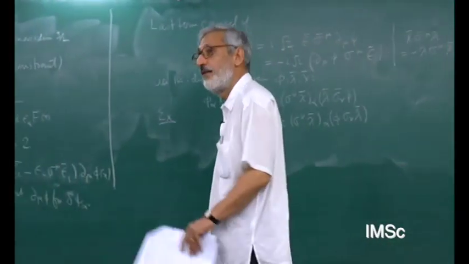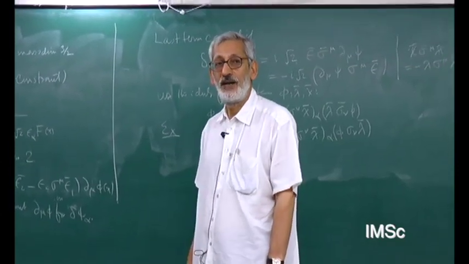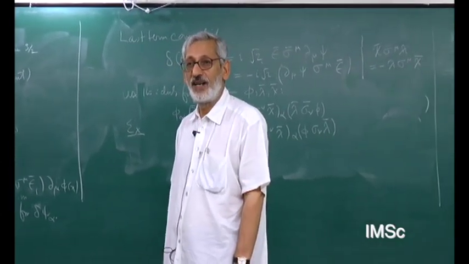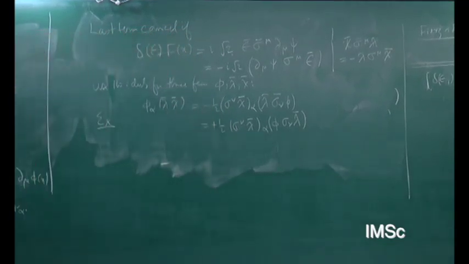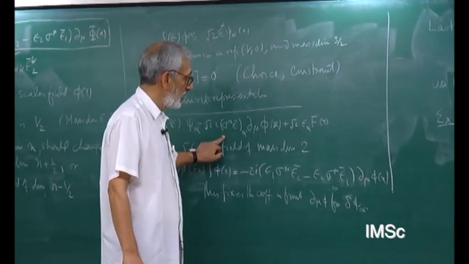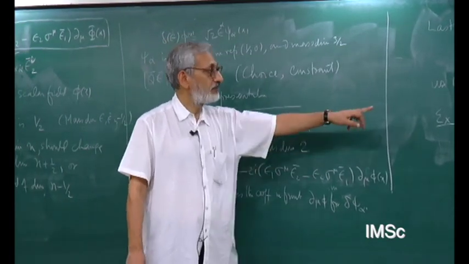Should I do that, or will you do it? I'll leave it. So then, now we have fixed the transformation properties of scalars, fermion, and this F field.